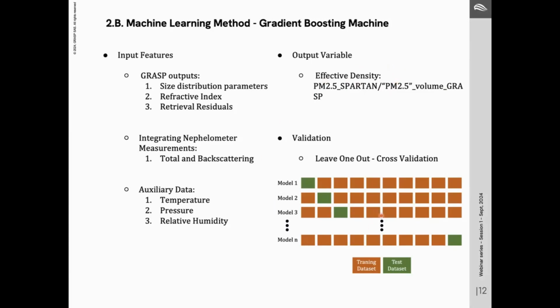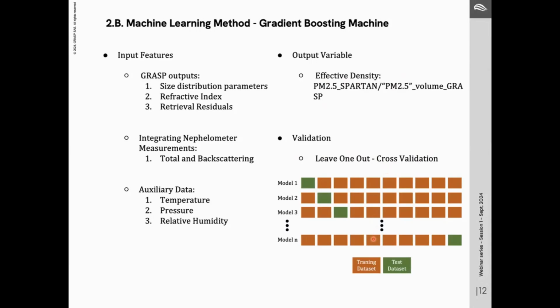For validation, I use leave-one-out cross validation. As you can tell from the name, every time I leave one data set out as the validation data set, and I use the remaining data sets as the training data set. I do it iteratively until all the data sets have been validated.